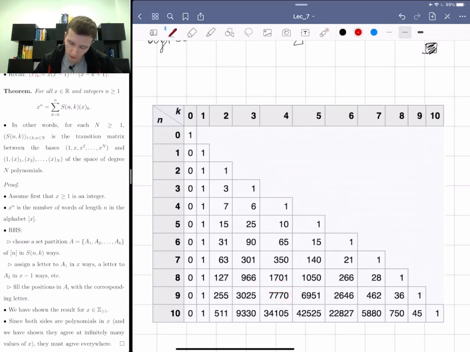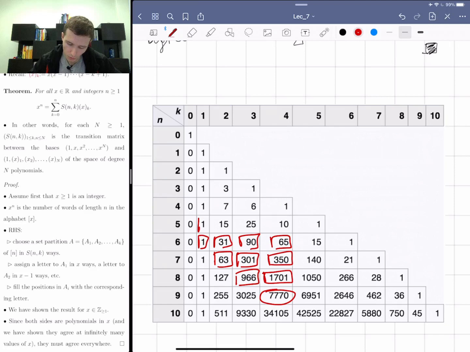You can compute this number if you know these two numbers in the triangle, and for that you need to compute the 3 numbers here, and then 4 numbers here. So basically, in order to compute just one number, you have to compute this whole parallelogram of numbers.